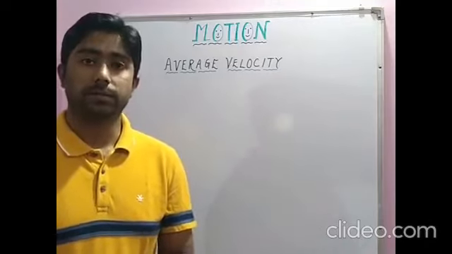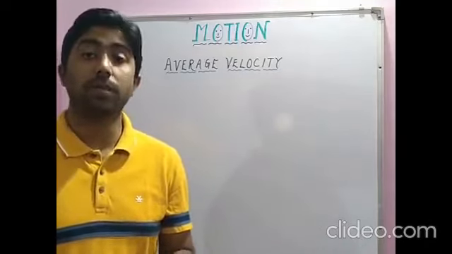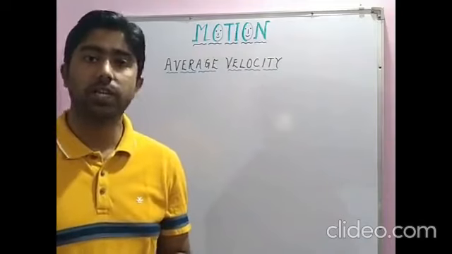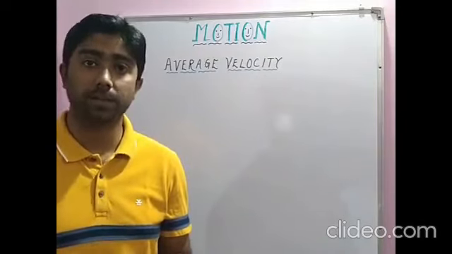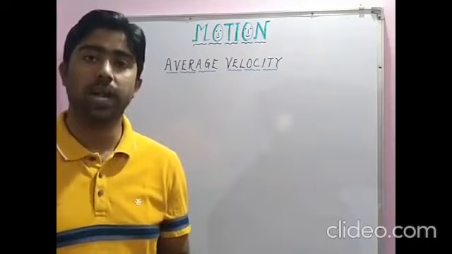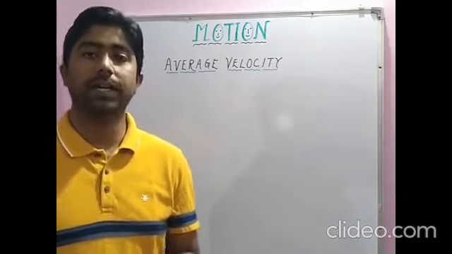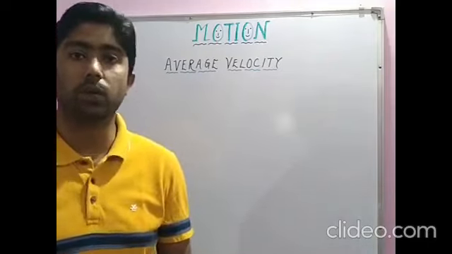Just like speed is a variable quantity or may be constant sometimes, velocity may be constant sometimes only, but most of the times velocity is also seen that it changes. So it's a variable quantity.